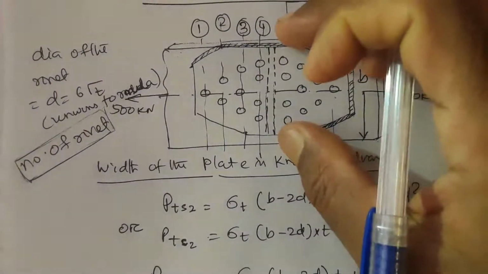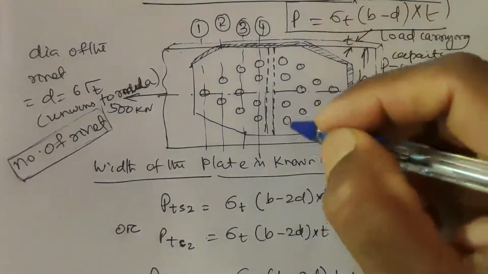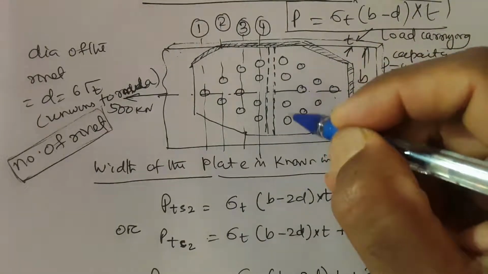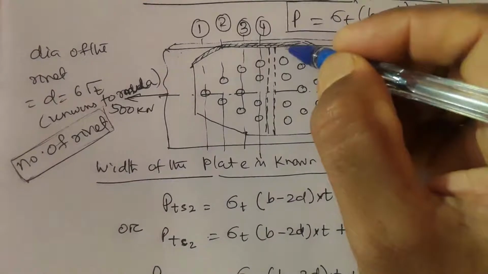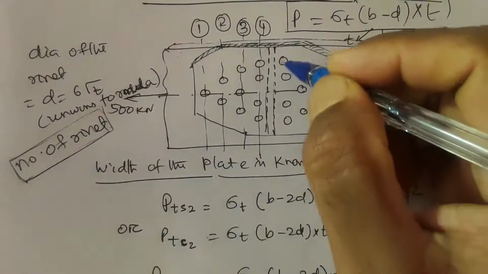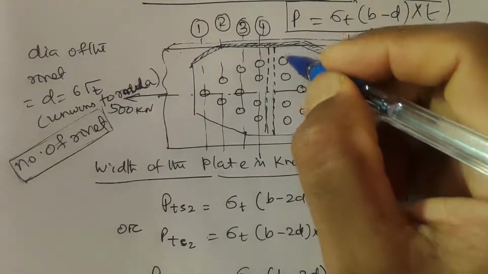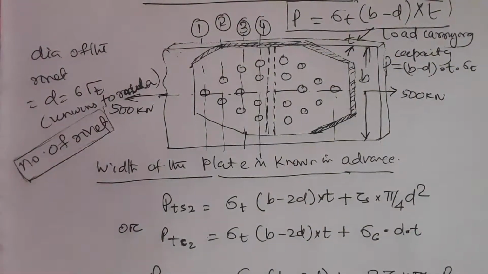The width B is known. Once you find the number of rivets, you subtract the margin from both sides. Then you count how many pitches there are. So in this case, B minus 3D minus 1.25 into D, divided by 3, is going to give you the pitch.